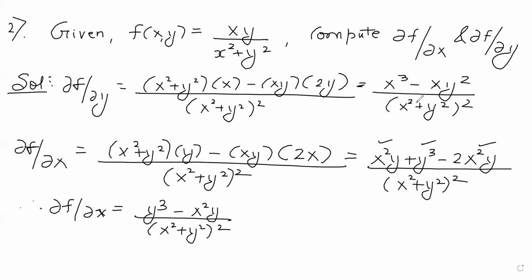Okay, so hoping students have understood these two practice questions where we have learned how to partially differentiate the function with respect to the variables x and y. Now let's move on to higher order partial derivatives.